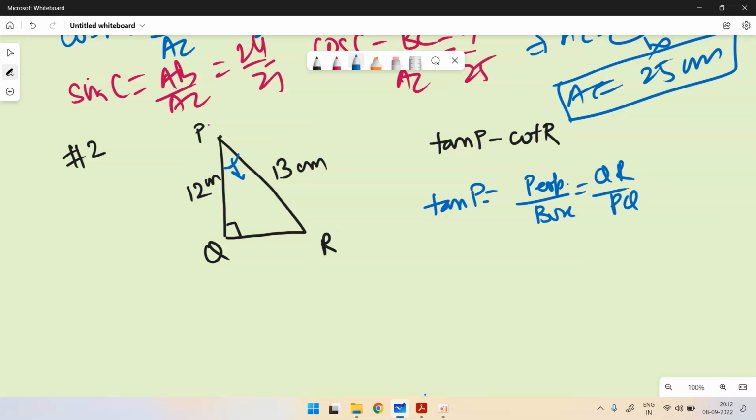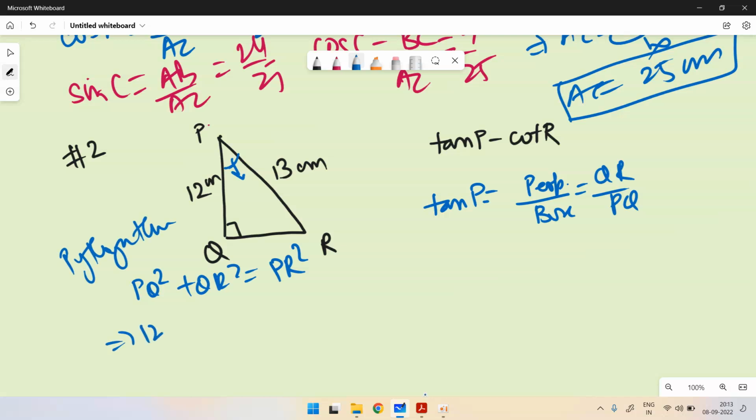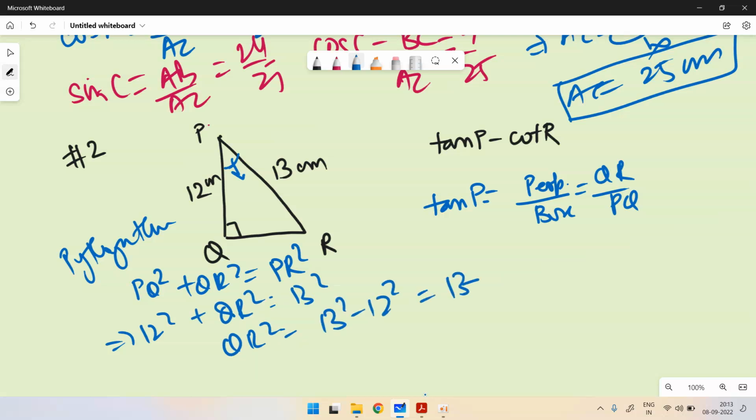Now you don't know what QR is. From the Pythagoras theorem, PQ square plus QR square equals PR square. So 12 square plus QR square equals 13 square. So QR square is 13 square minus 12 square, which is 13 plus 12 times 13 minus 12, 25 into 1, which is 25.